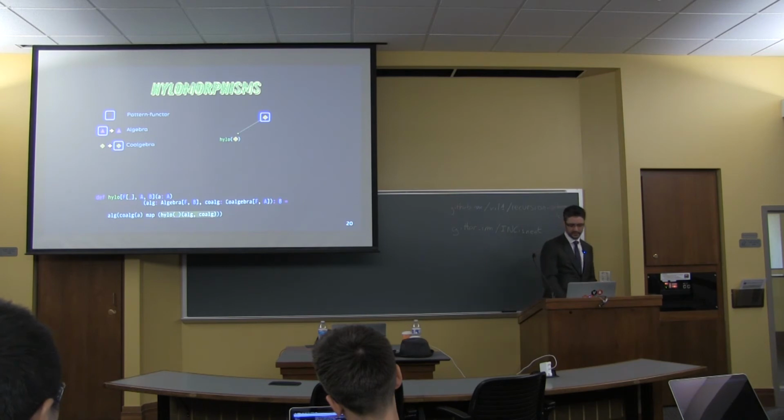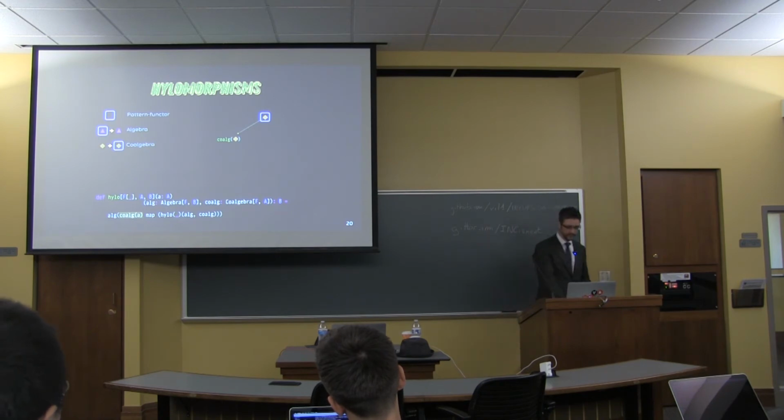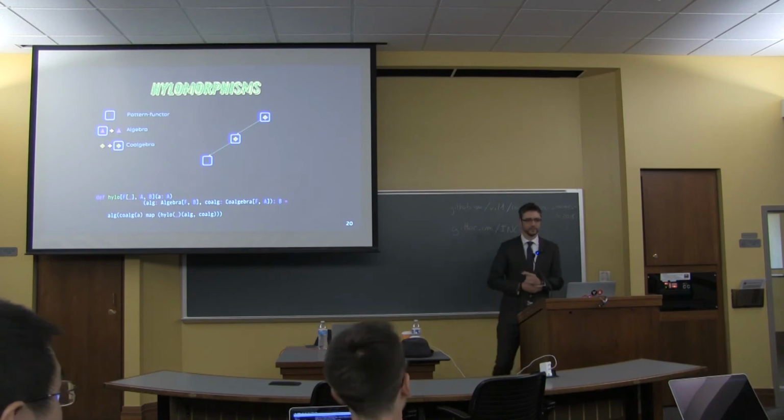So that calls the coalgebra on this inside A, which builds up an F of A. So we can map over it. We of course map hylo, which calls the coalgebra that builds up an F of A.